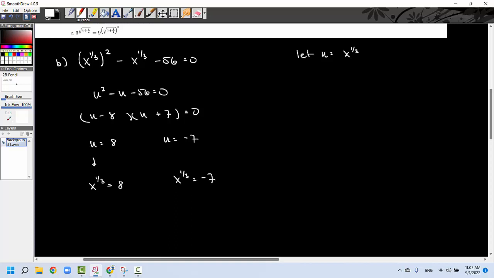So I'm going to cube both sides here. Now that's going to be kind of an odd number. 8 to the 3rd power is not something that we readily know. That's going to be 512. And then -7 is going to be -343 if I cube both sides.